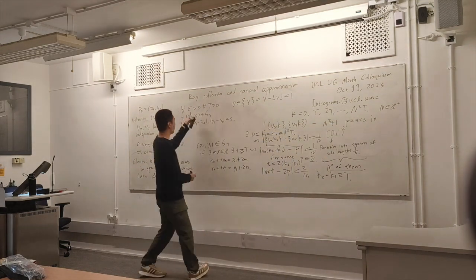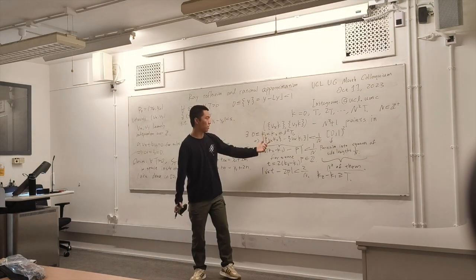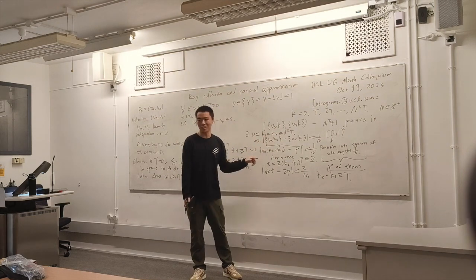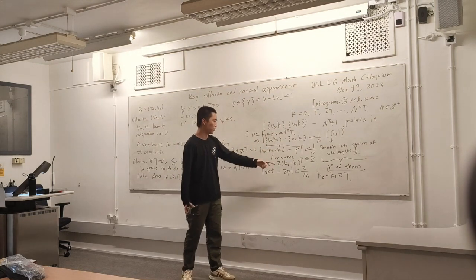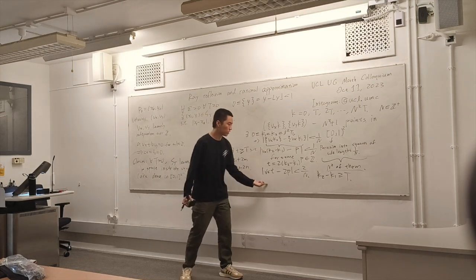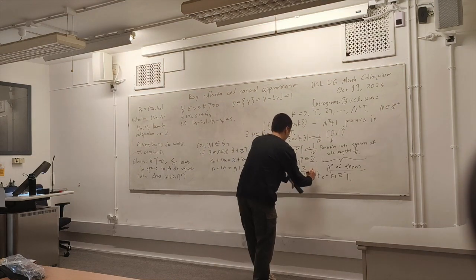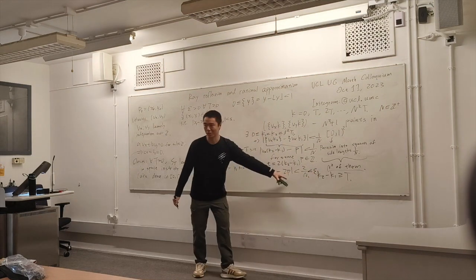So arbitrarily small epsilon, arbitrarily large t, and then we can find some k2 and k1, which gives you a choice for the small t, such that this inequality is going to hold, and this thing is going to be less than epsilon as well.